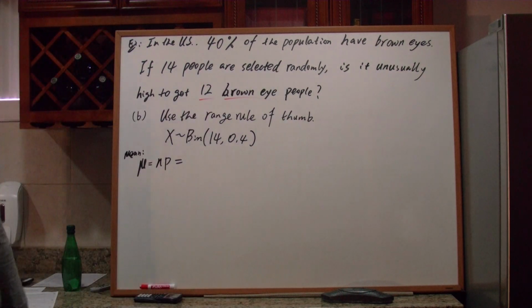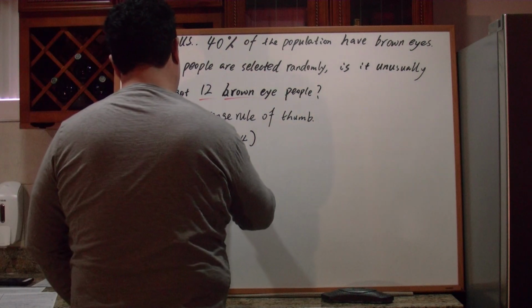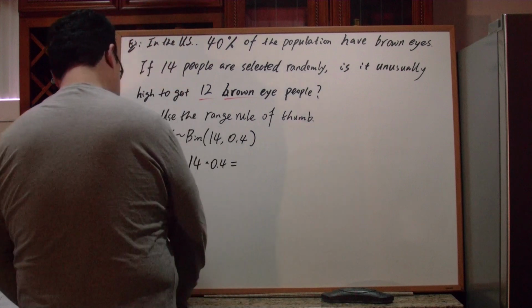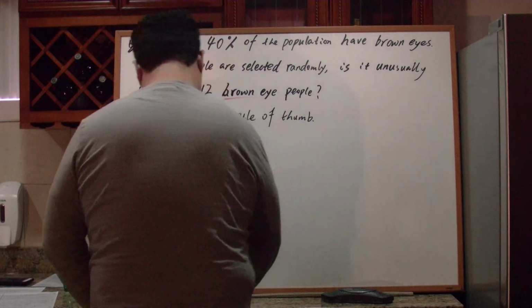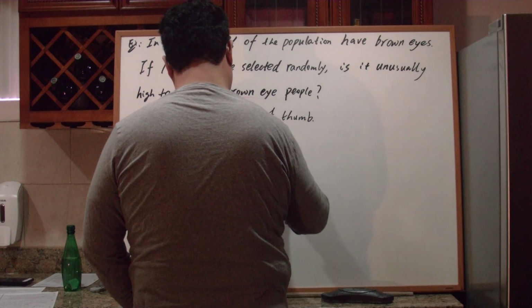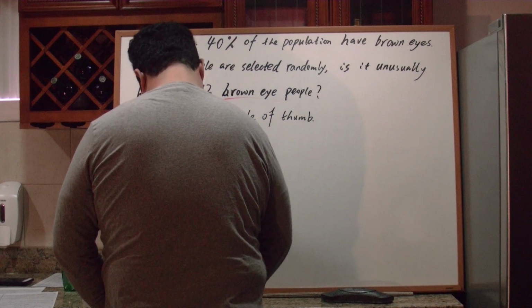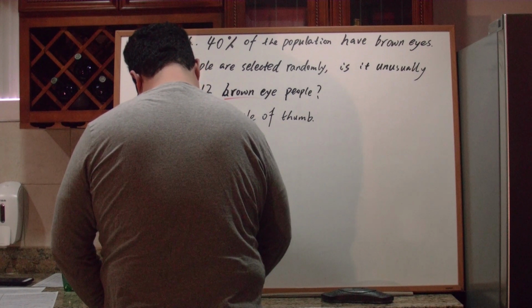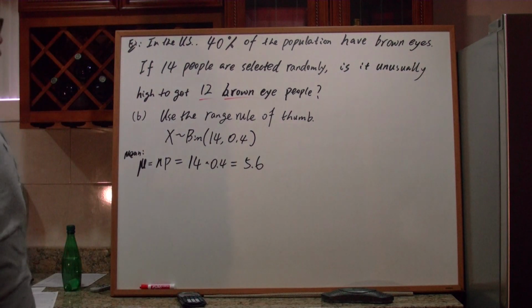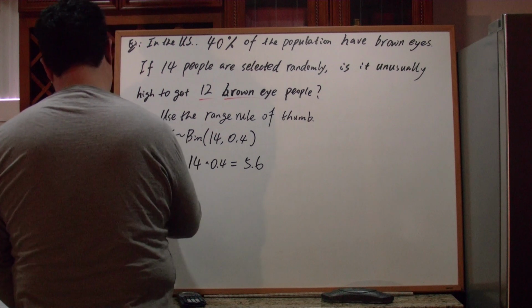For the mean, that's n times p, which is 14 times 0.4. The mean is 5.6. For the standard deviation, we could find the variance first.